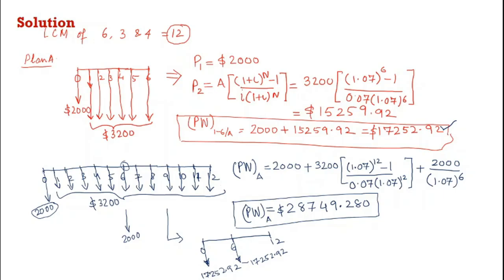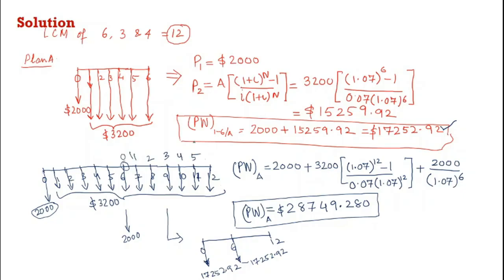So this thing we are getting at time t equal to 0, and because of the repeatability assumption, this value will repeat again at the end of 6 years when we are calculating the equivalent worth of the cash flow which starts at the end of year 6, or the end of year 7, and continues till 12. So if we just draw for the remaining, this will be 0, 1, 2, 3, 4, 5, 6.